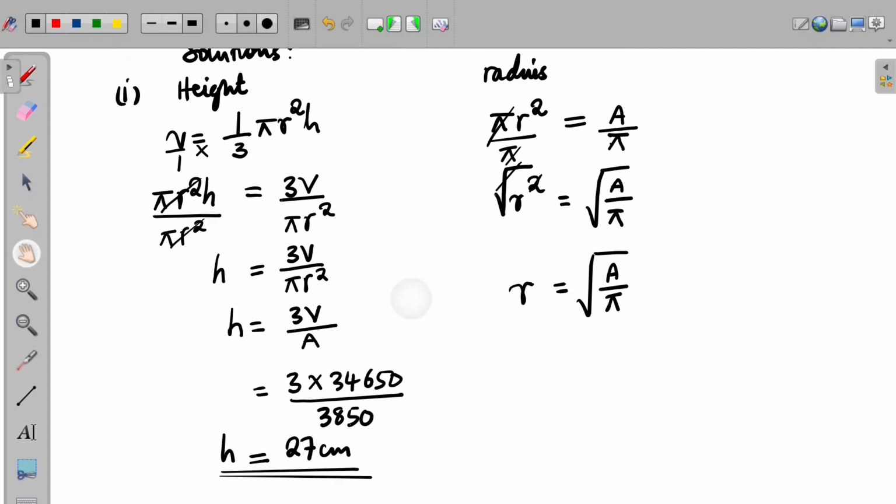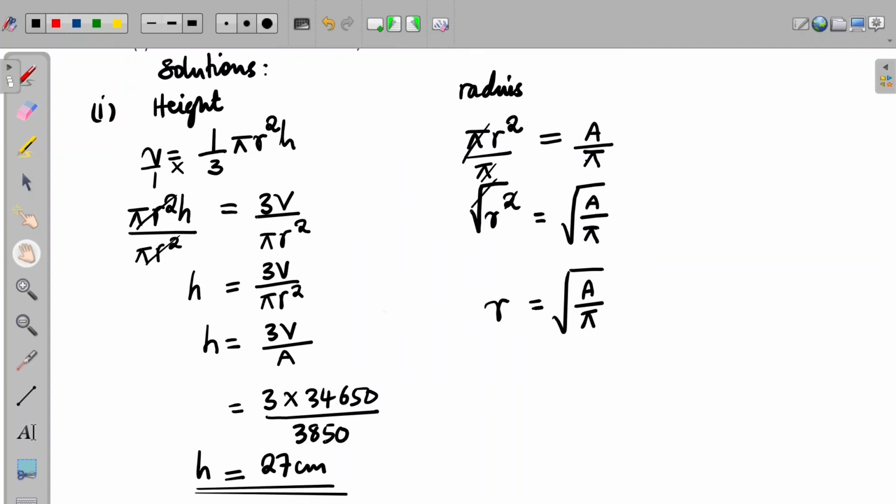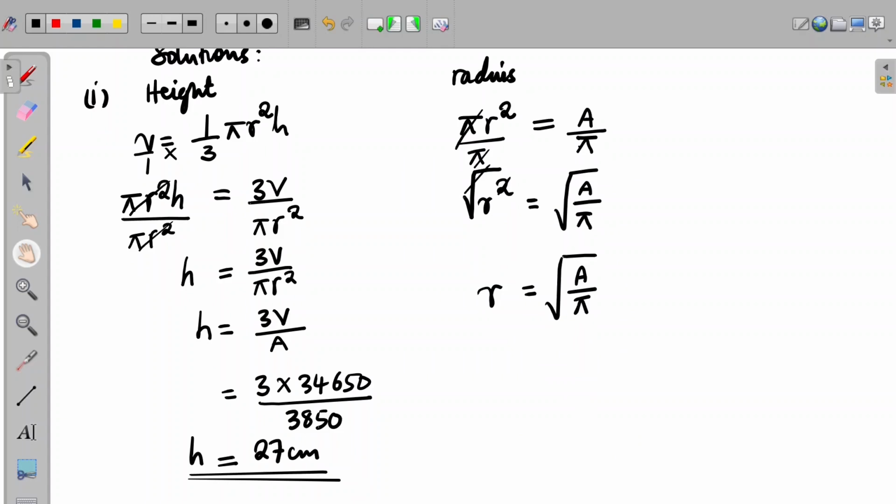Now we are going to substitute area. Area is equal to 3850 over pi, 3.142, then square root, then say equals.